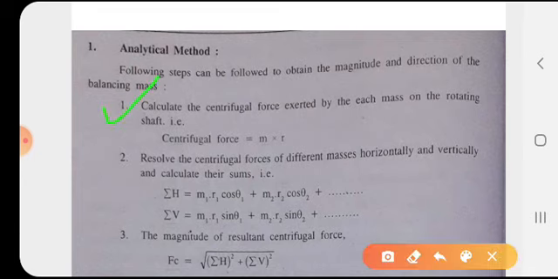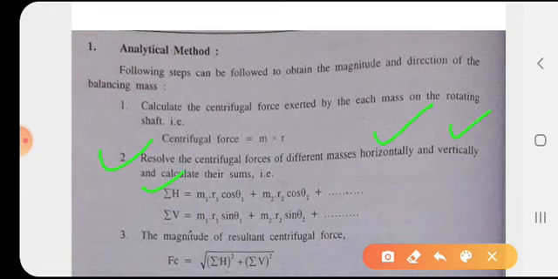First, calculate the centrifugal force exerted by each mass on the rotating shaft, so centrifugal force F equal to m into r. Second point, resolve the centrifugal force of the different masses horizontally and vertically and calculate their sums.